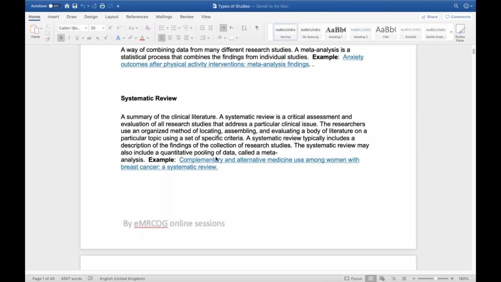You search the literature and find a lot of studies, but there are different answers and different recommendations from different studies.